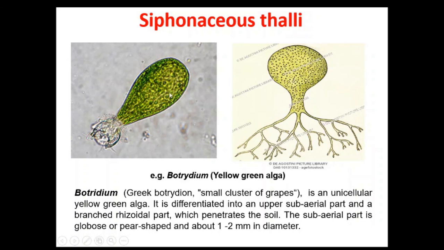In the image you can see the globose single-celled habit of Botrydium. This globose part is hollow inside and contains cytoplasm and many nuclei. It develops rhizoidal branches which help the alga to anchor to the substratum or soil. Here you can see all of these rhizoidal branches originating from this head are hollow inside. So Botrydium is also an example of the unicellular siphonaceous form due to its characteristic siphonaceous rhizoids.